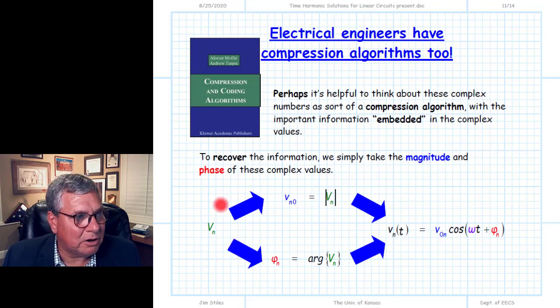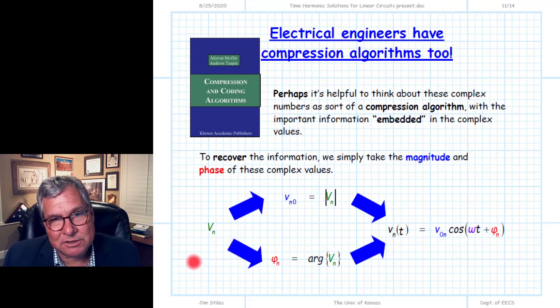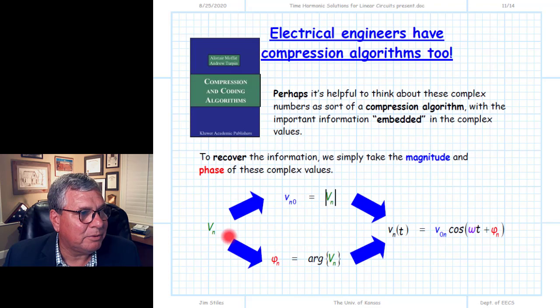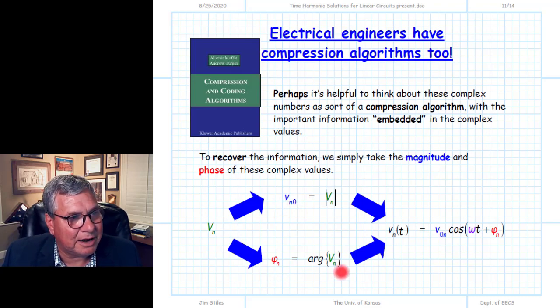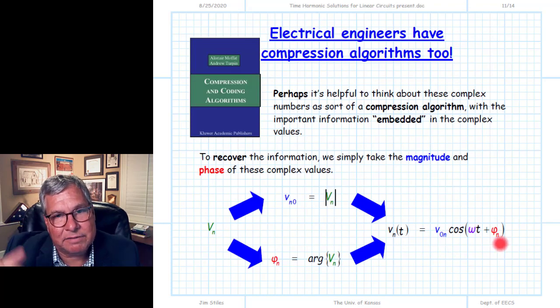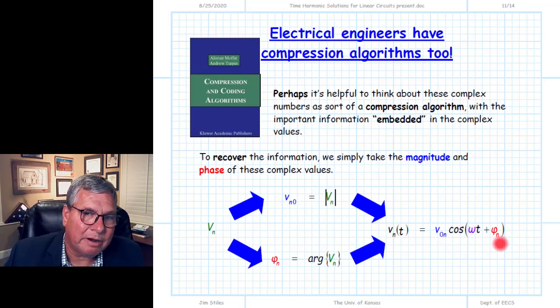If we really want to know what the real physical representation of the voltage and current is at that point, we need to apply our compression algorithm, our decompression algorithm really. We need to take the complex number and take its magnitude, and that tells us the magnitude of the oscillation. We take that same complex number and we extract its phase, and that tells us the relative phase of the oscillation with respect to the reference.